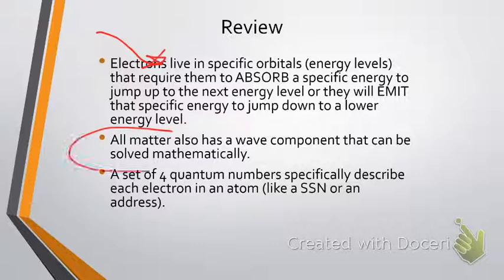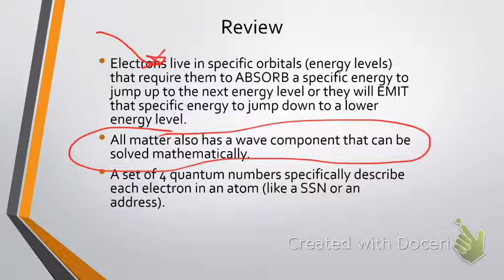We also use the de Broglie wavelength equation in order to mathematically solve the wave properties of matter. And then finally, in this video, we've talked about a set of 4 quantum numbers that specifically describe each electron in an atom. It's sort of like the electron's social security number or the electron's address.